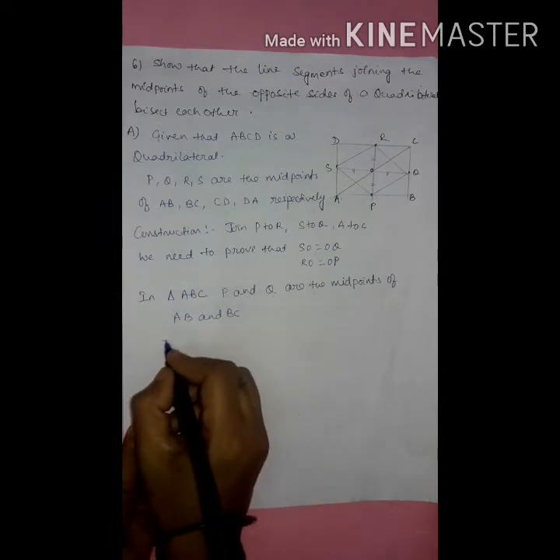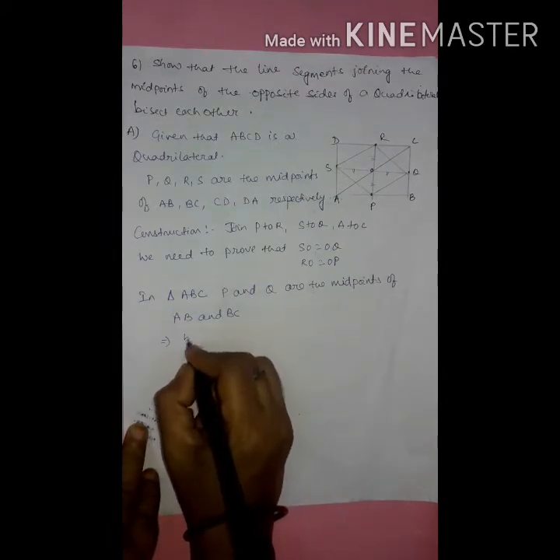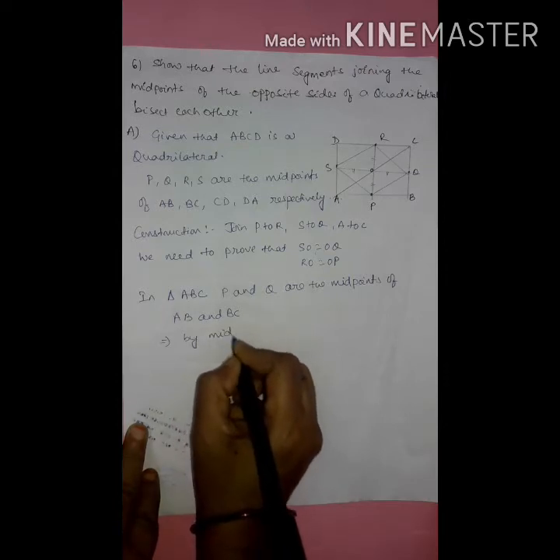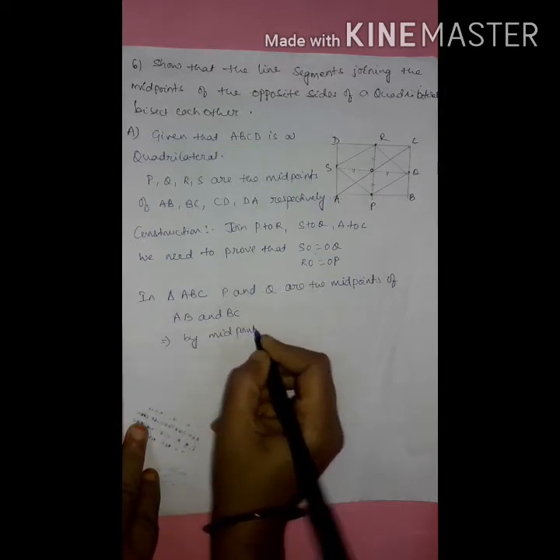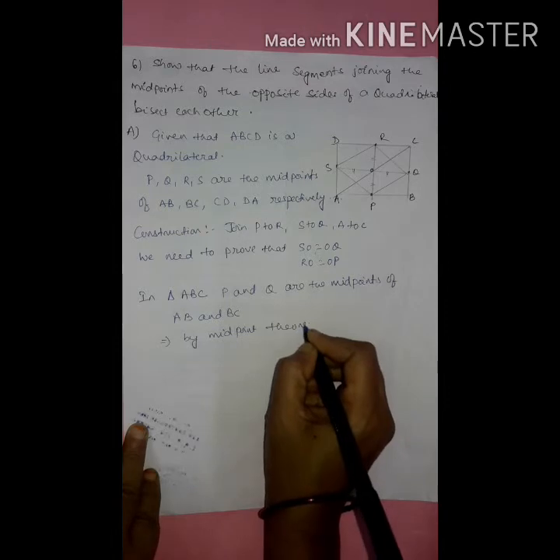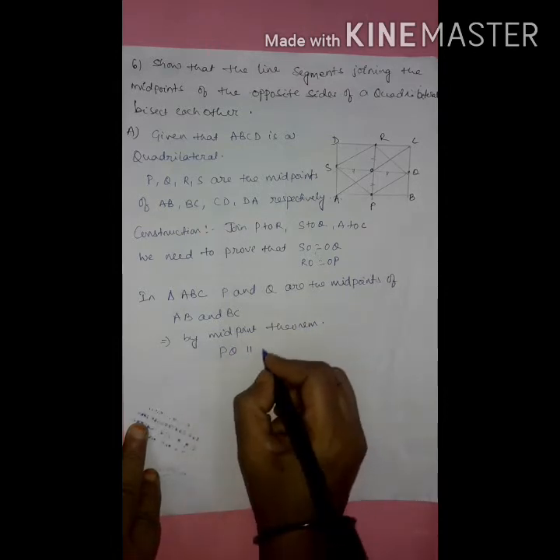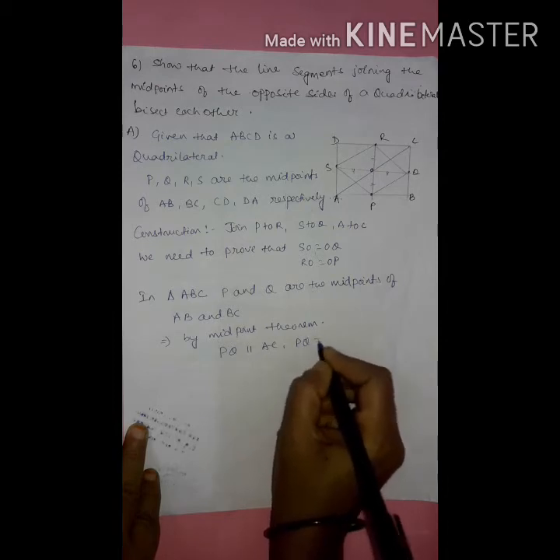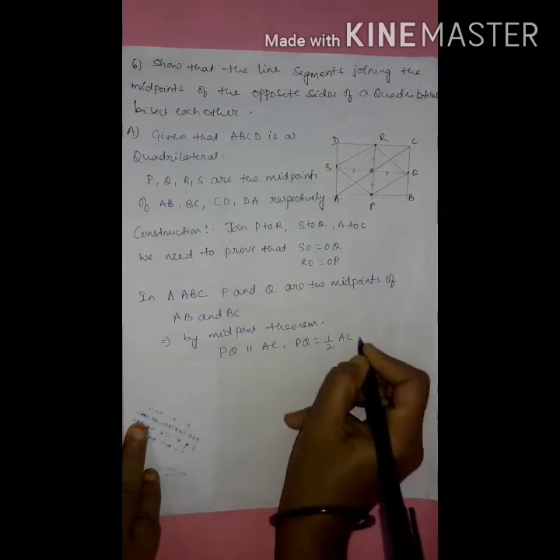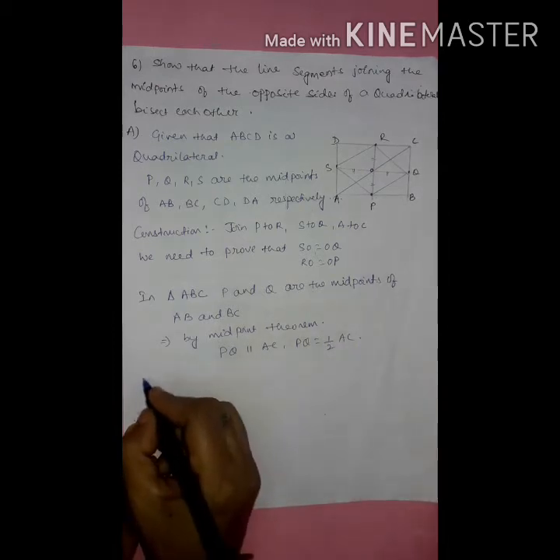This implies, by midpoint theorem, PQ is parallel to AC and PQ is equal to 1/2 AC.